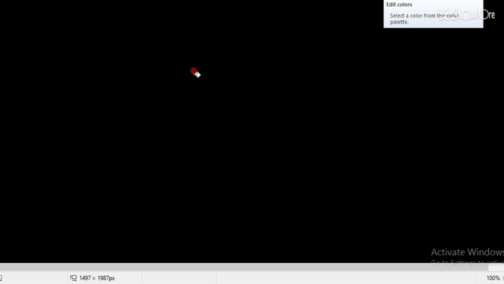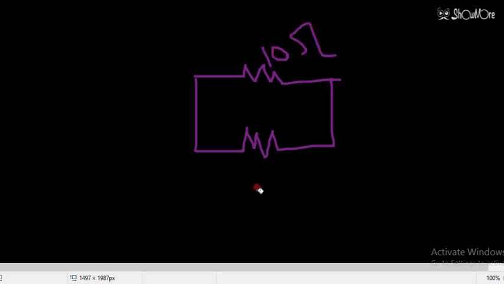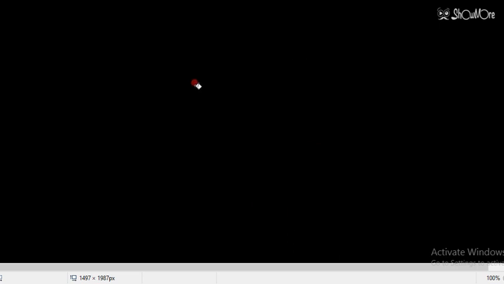So if this is a resistance of 10 ohm and I connect another 10 ohm resistance in parallel with it, then combining these two gives me 5 ohm. From the diagram you can see this was the first resistance, then there were two resistances.